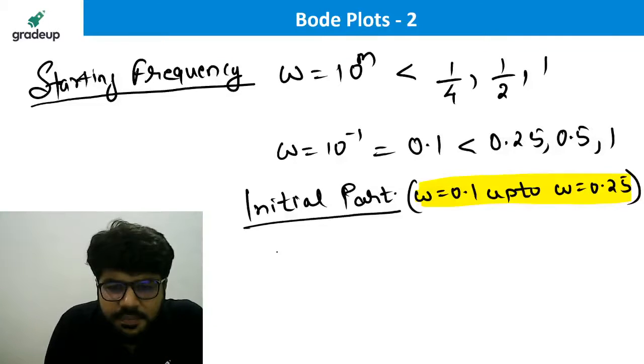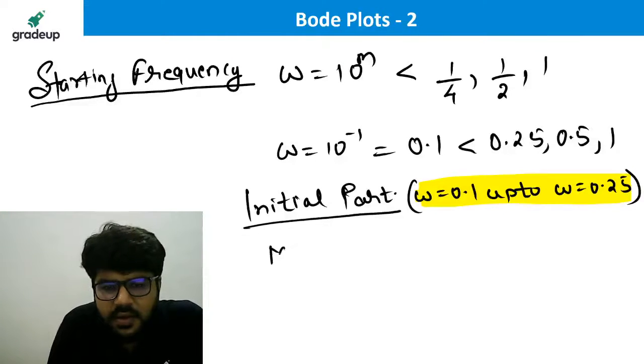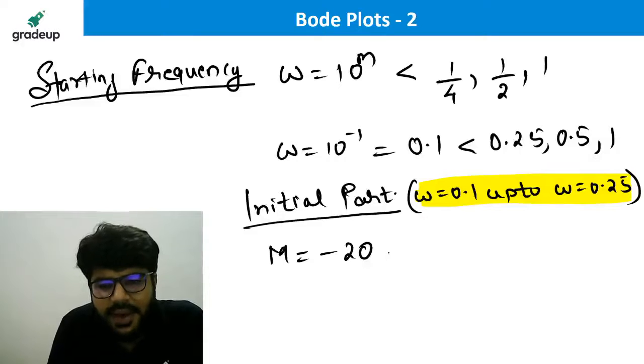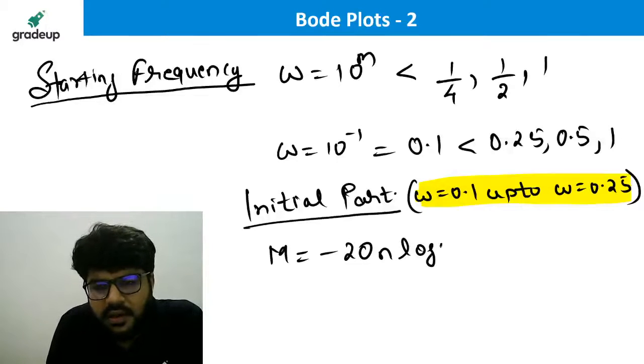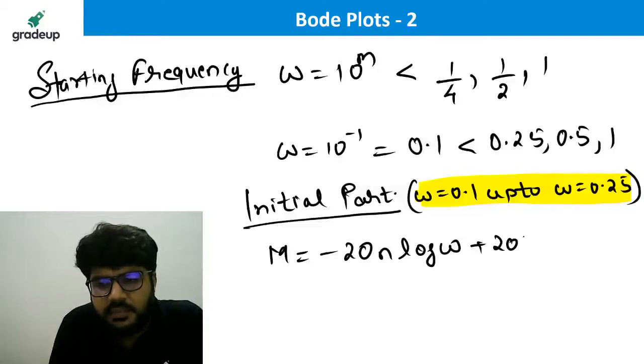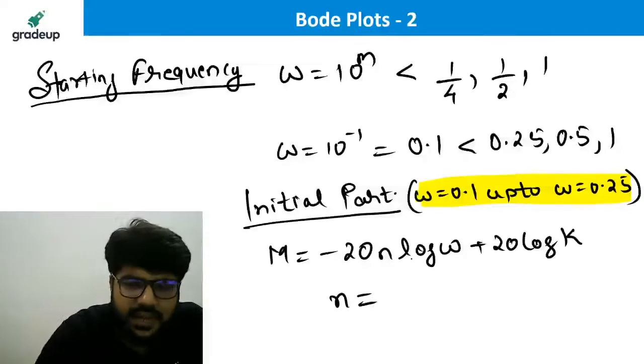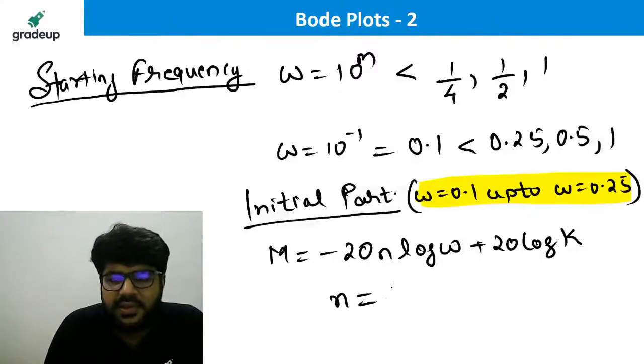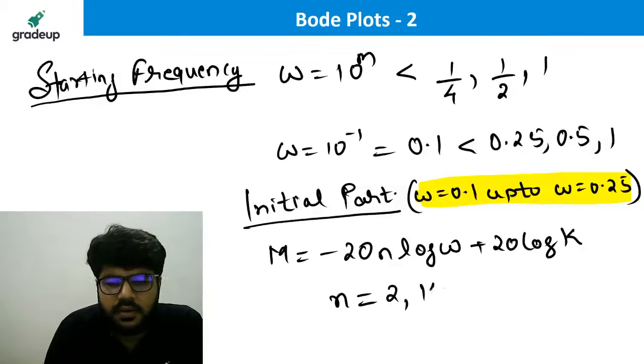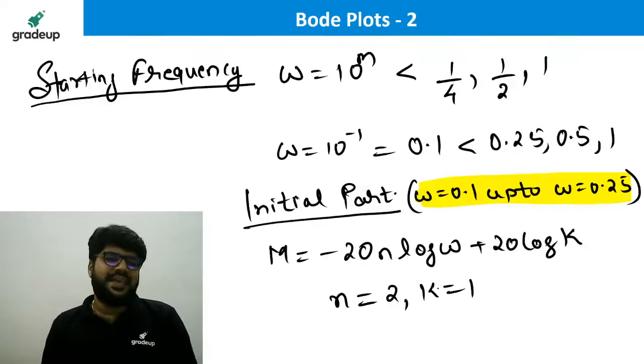So what is the initial part formula? M is equal to minus 20n log omega plus 20 log k. What is the value of n? N is equal to 2 and k is equal to 1. So substitute n equal to 2 and k equal to 1.